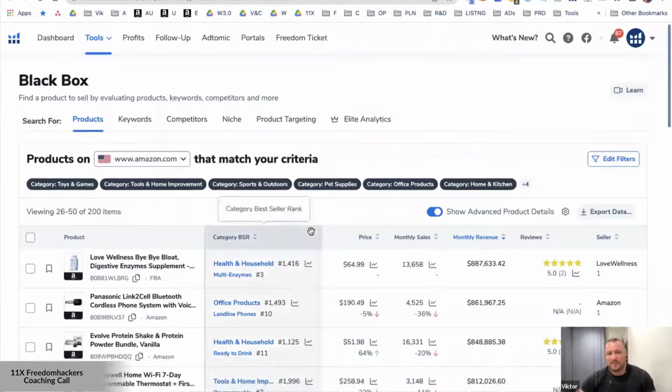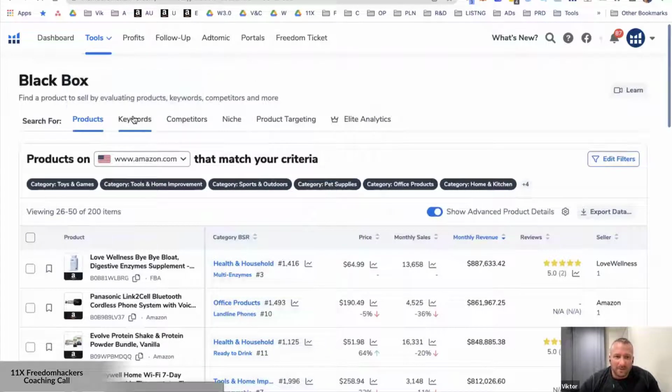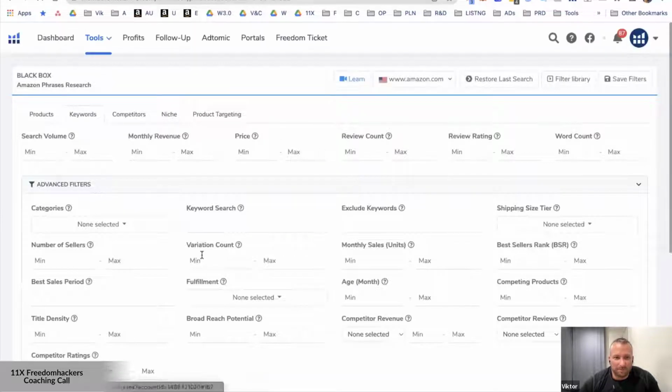So basically that's one way to find products, and then after you find a product, you need to figure out what the particular keyword, the market, is. All right. Next thing, you go to keywords. Put here, like, gym, for example, a random idea that came to my mind.